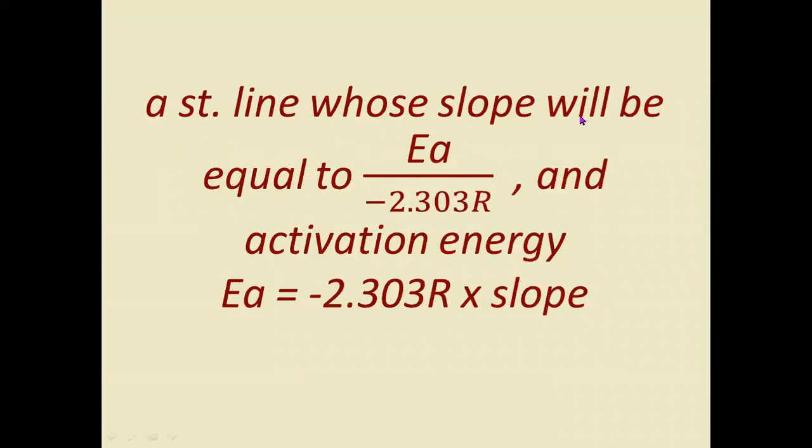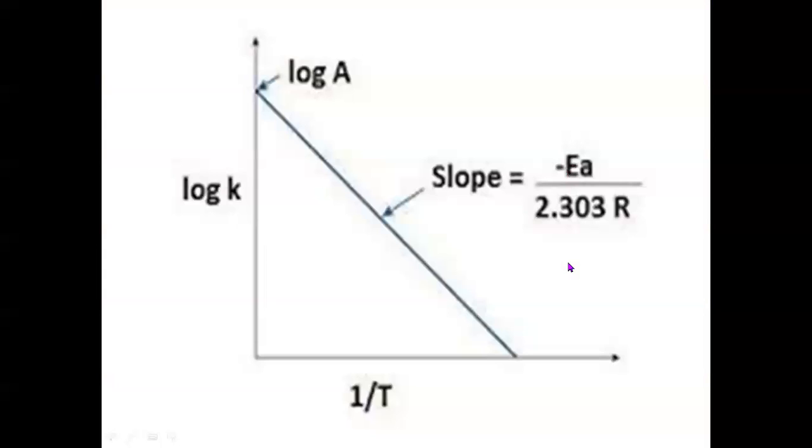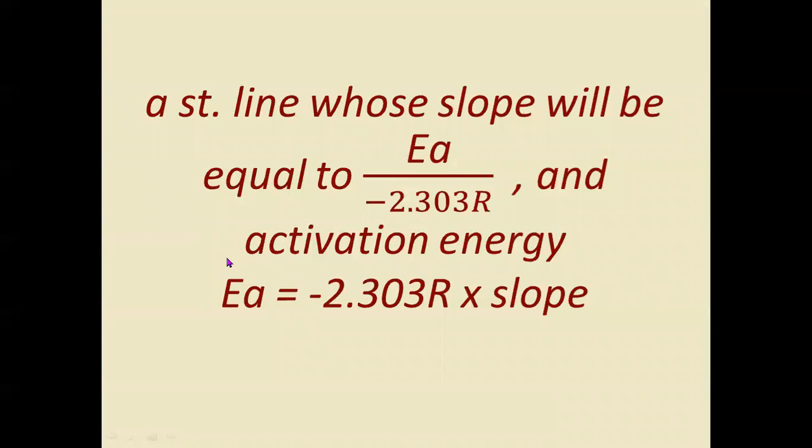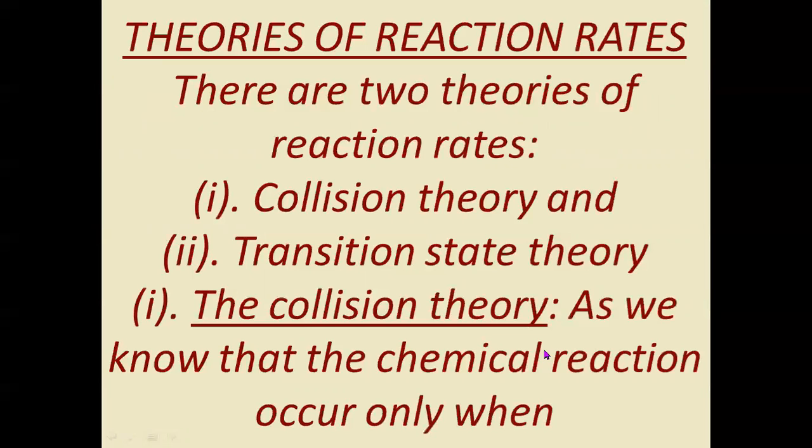We are getting a straight line whose slope will be equal to minus EA by 2.303 R, and if we multiply the slope and this value, we will get activation energy. Therefore, activation energy EA will be equal to minus 2.303 R into slope of the straight line.